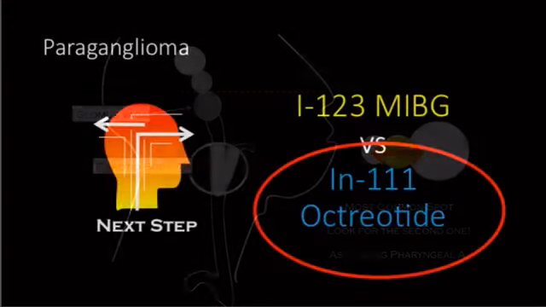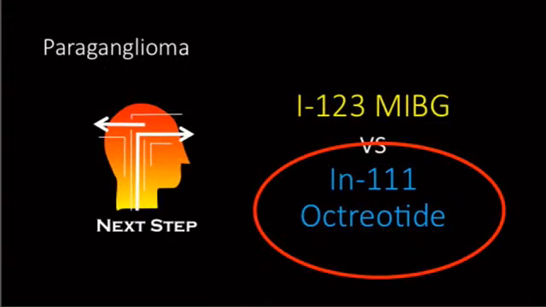So for paragangliomas, the indium, or the octreotide, is actually considered better, with a sensitivity of around 94%. MIBG scans are less sensitive and specific, and here's why: MIBG only concentrates in functional paraganglioma.